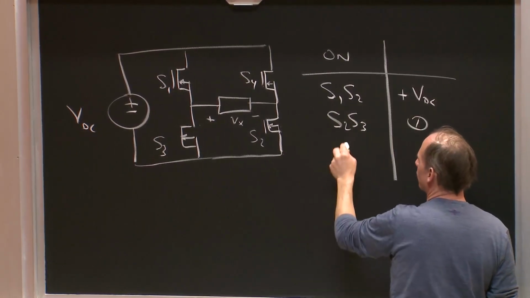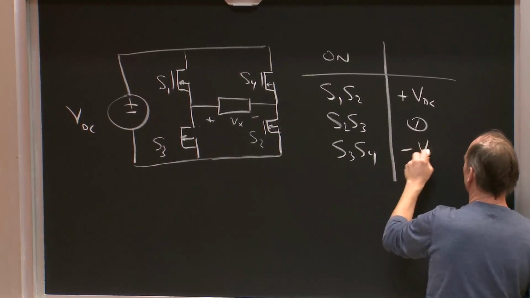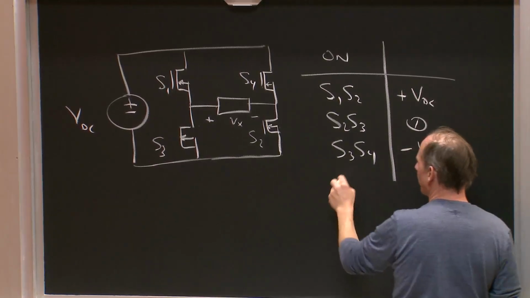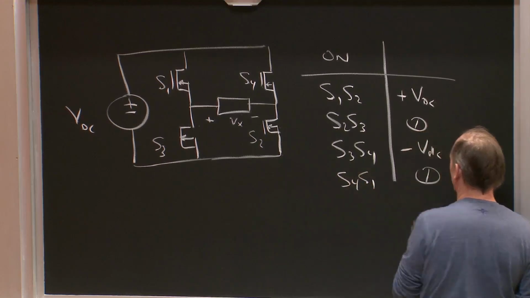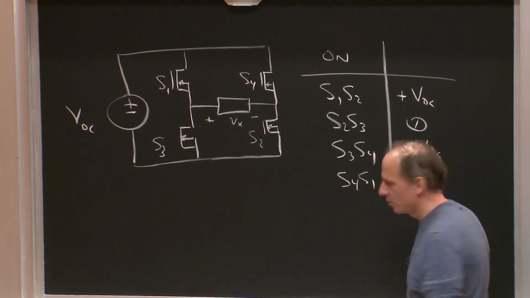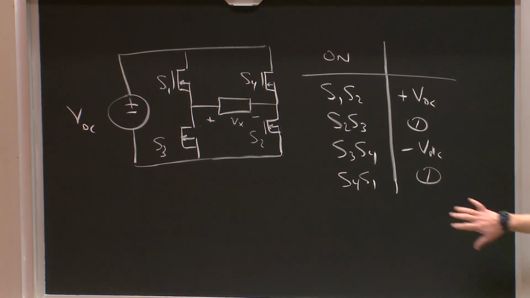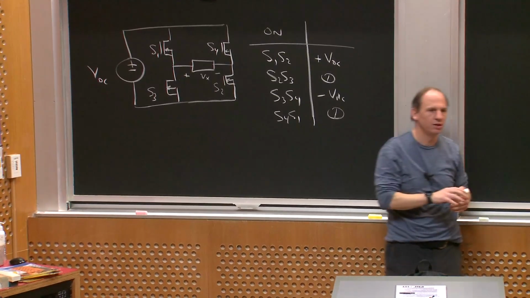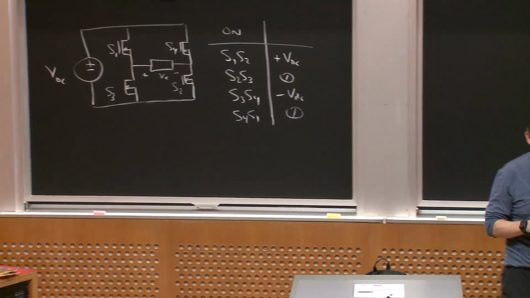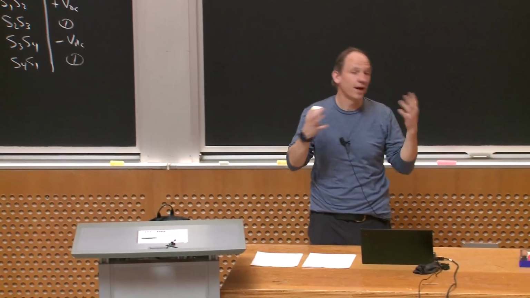If I have S3 and S4, I get negative VDC across the load. And if I have S4 and S1, I get 0 again, okay? And we showed last time that we can use this to synthesize plus, 0, or minus repeatedly across the load, and then use that to at least very crudely approximate some kind of sine wave, for example.